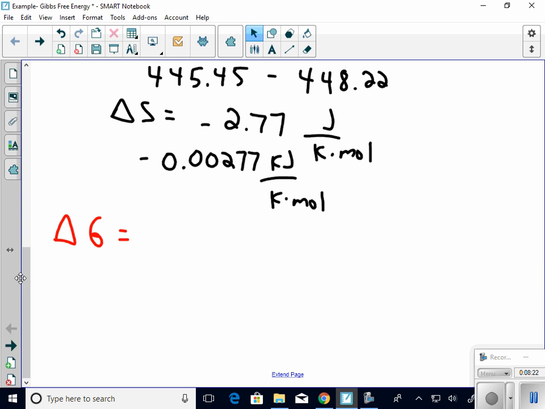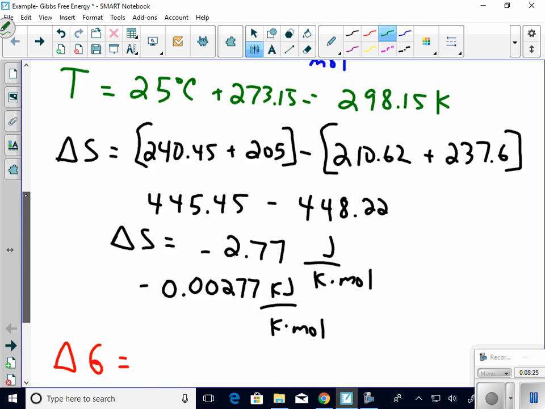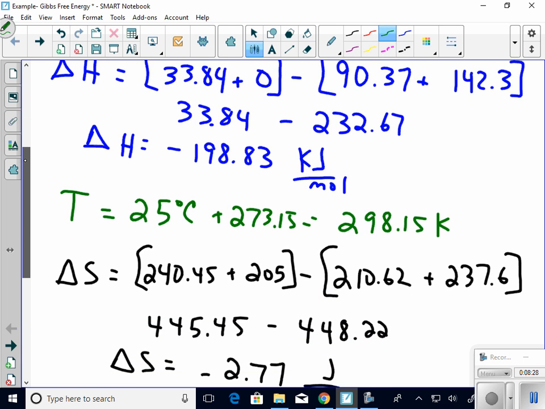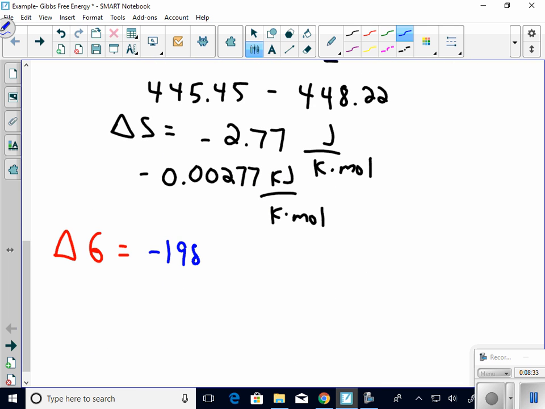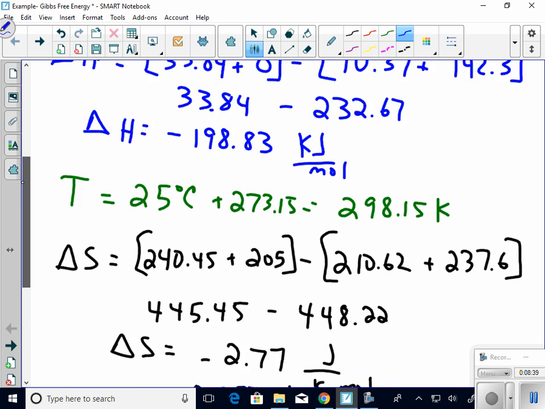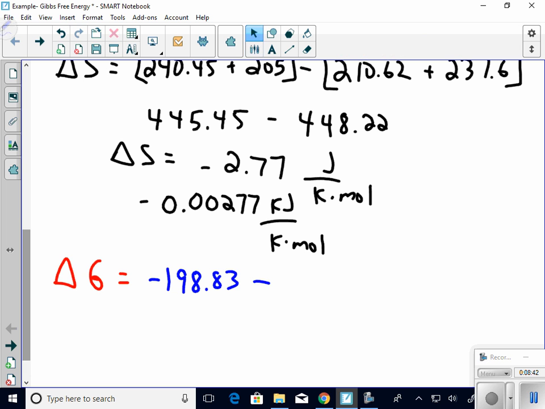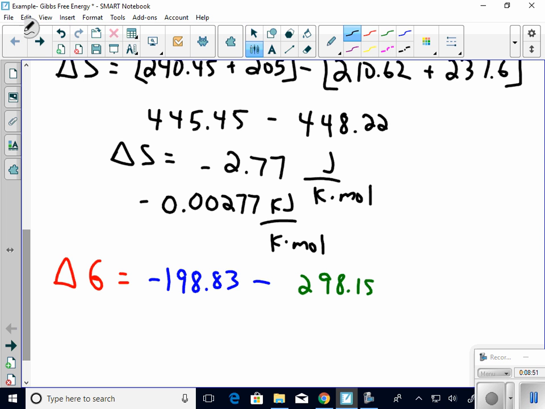So G is equal to the enthalpy, just to keep my color codes, enthalpy was blue, negative 198.83, minus, okay, my temperature, 298.15, and I'm multiplying that value by negative 0.00277.